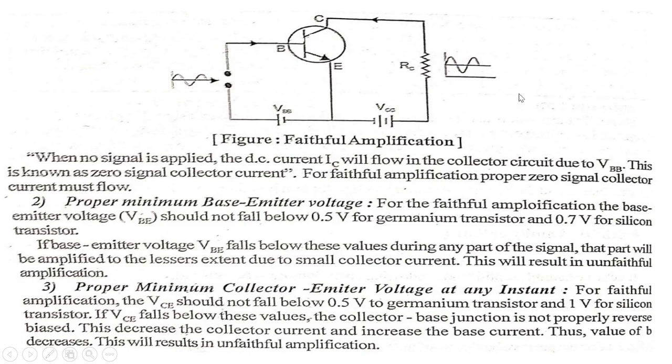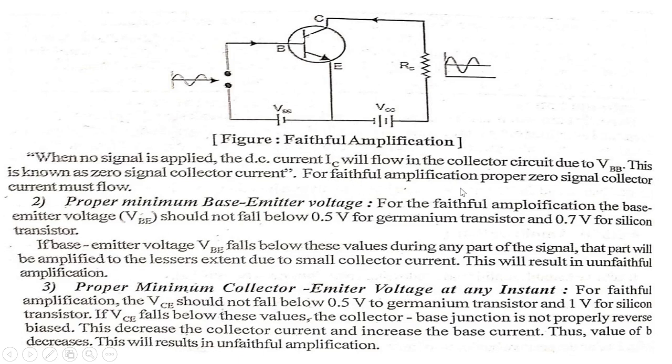Proper minimum base emitter voltage. For faithful amplification, the base emitter voltage VBE should not fall below 0.5 volt for a germanium transistor and 0.7 volt for a silicon transistor.